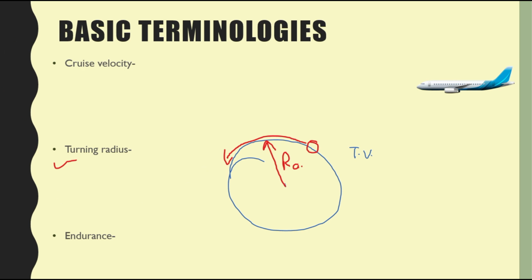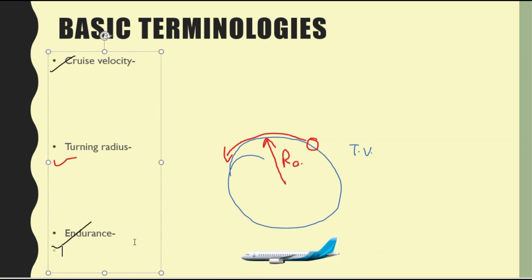So now let's talk about the last term, that is the endurance. Endurance is a time related constraint: for how much time the aircraft flight is going to take place. The total flight time of the aircraft is nothing but the endurance.